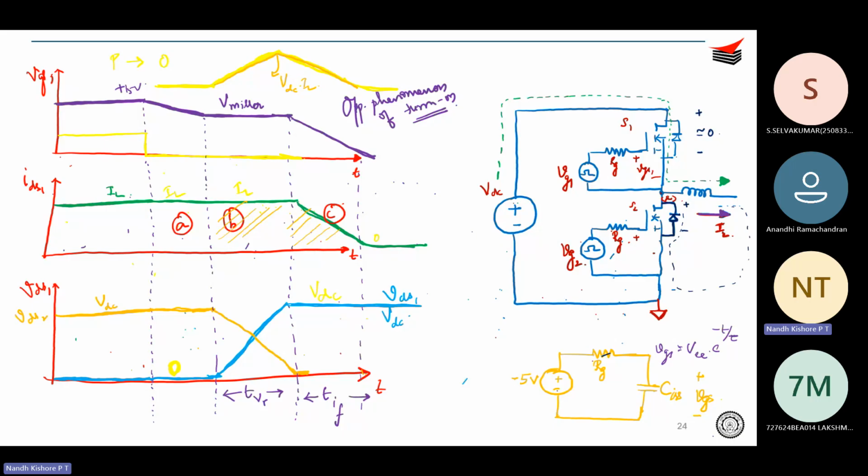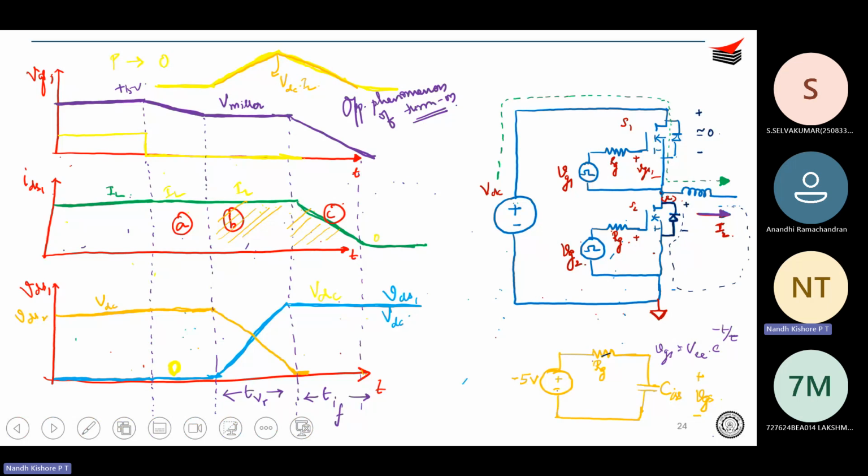Do you remember? The profile was like this triangular only during turn on also. Just the timing is like voltage rise time, current fall time. Just converse of what we saw during turn on. Okay, fine.